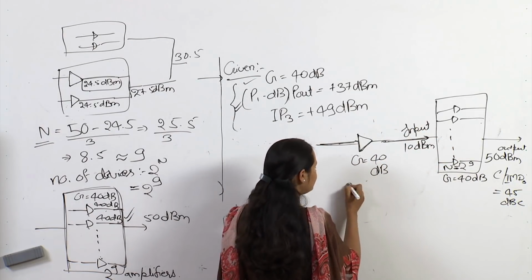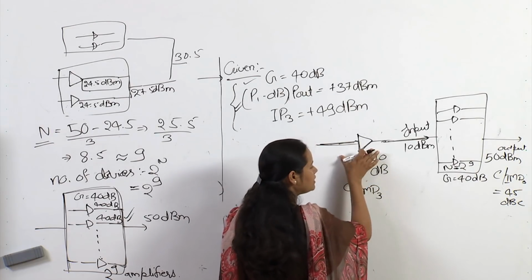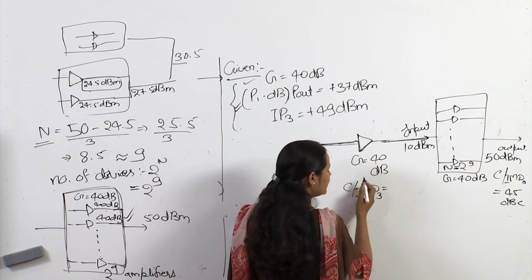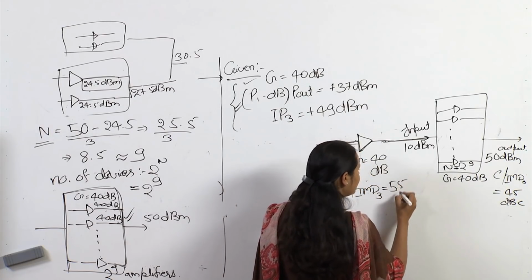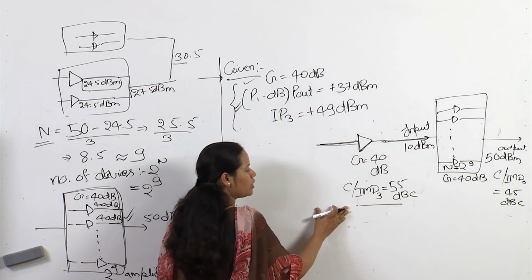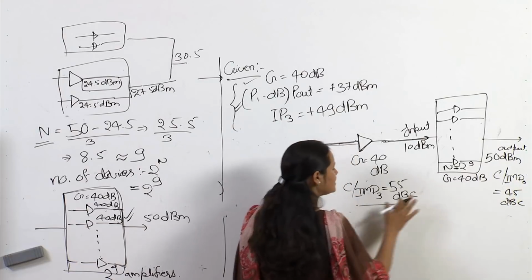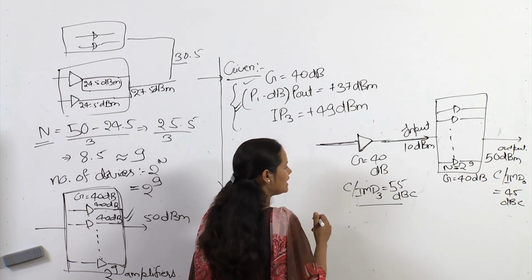So the C by IMD requirement becomes higher for the previous stage. Let us take an even better C by IMD3 requirement, let us say 55 dBc. It has to be always better than this one, and as a rule of thumb we take almost 10 dB better than the last stage.